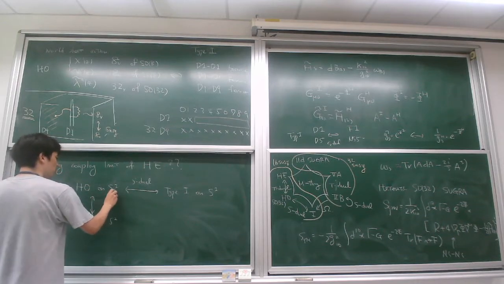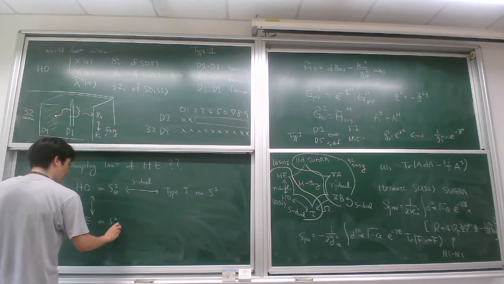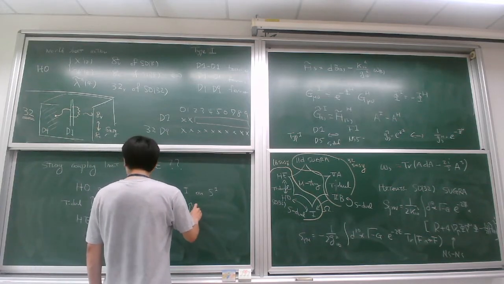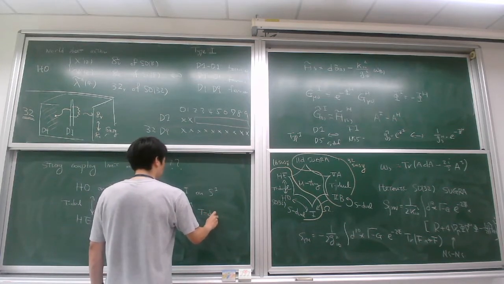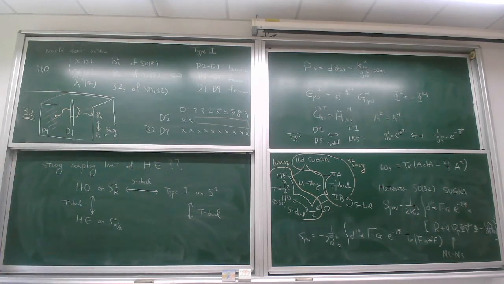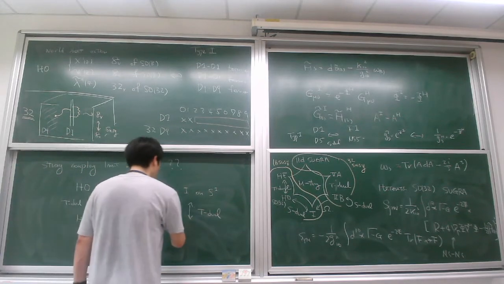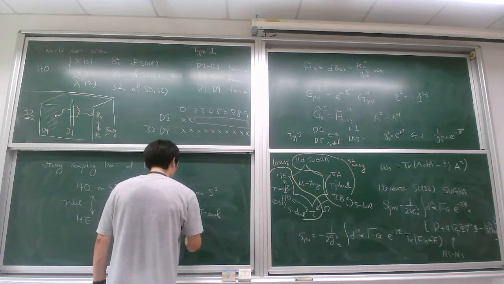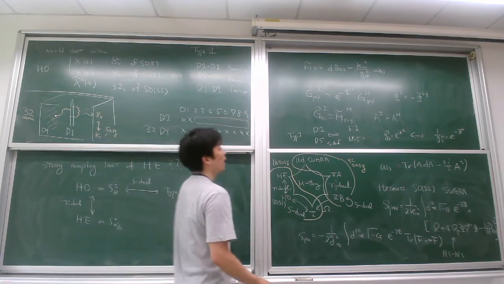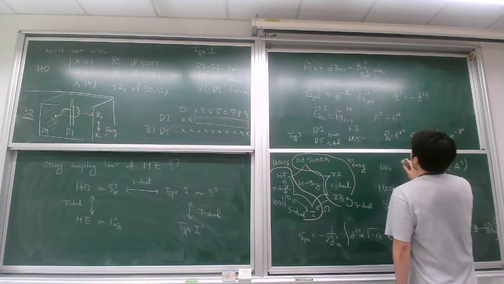Okay, but this is radius R, but then you have alpha over R. And what is the T-dual of this guy? The T-dual of type 1. We saw it, but do you remember? Yeah, type 1 prime. How do you construct it?